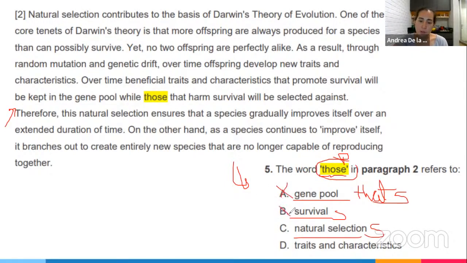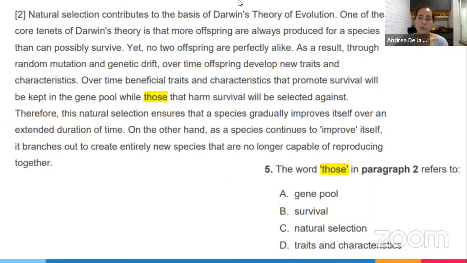And the only one in these options that is plural is traits and characteristics, right? That's plural. So just by looking at the options and eliminating them, sometimes you can get to the answer. Not always though. Sometimes maybe you have natural selections here, two options. So you have to read. But those are some tips I can give you guys.